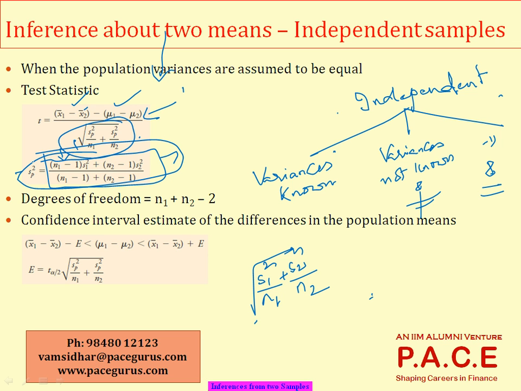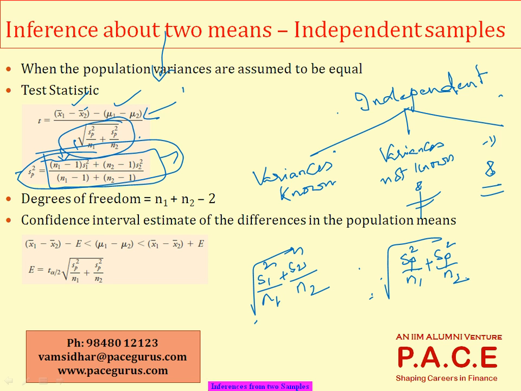This is like a weighted average variance, which is taken as a pooled variance, sp squared, and your standard error variance will simply come out as sp squared by n1 plus sp squared by n2.